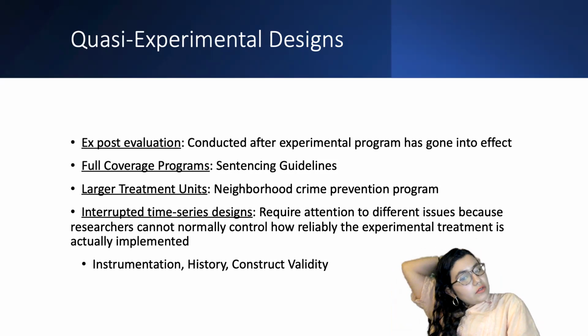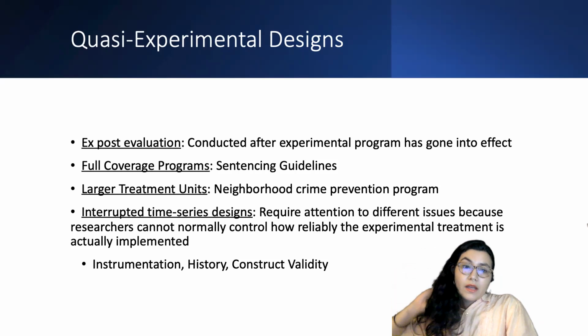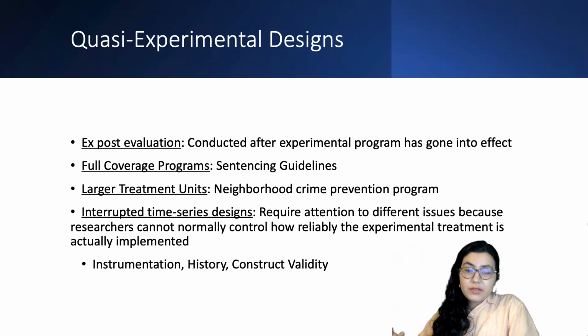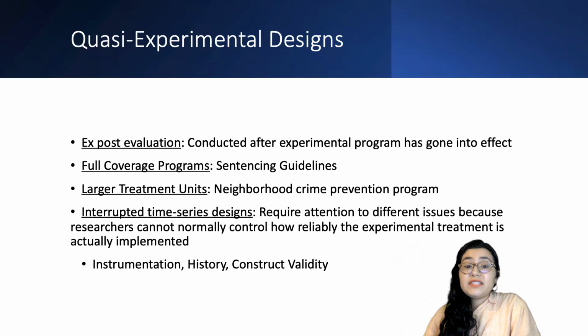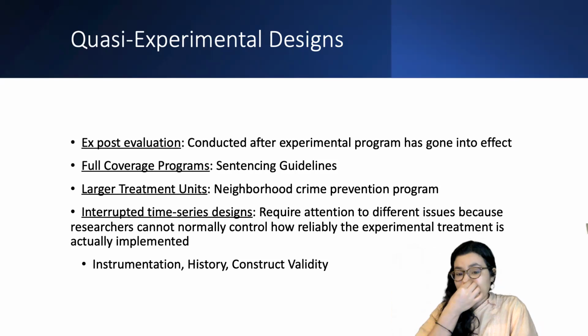We can do a post-evaluation after we've instituted an experimental design. We can see how sentencing guidelines might be influenced by programs. We can also understand neighborhood crime prevention programs.